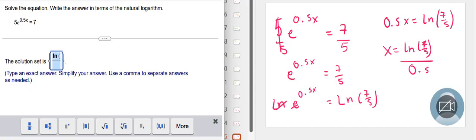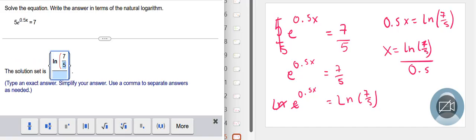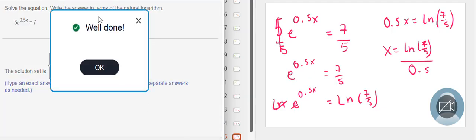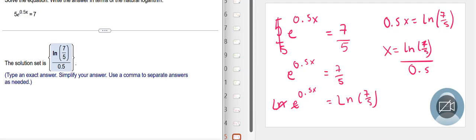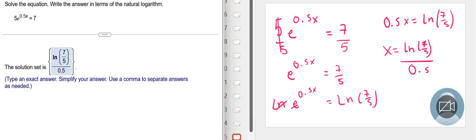So we are not doing that. We are typing in exactly what we are getting right here. 0.5. Did I type that in correctly? It looks, yeah, let's check. Okay. Yay. And I think that's what I wanted to do for this video.